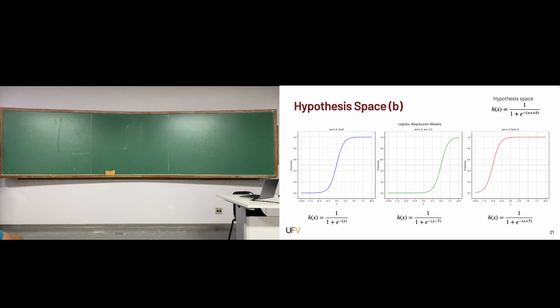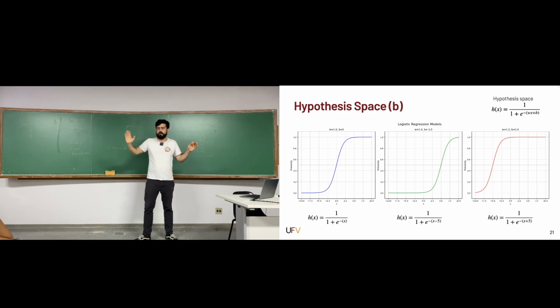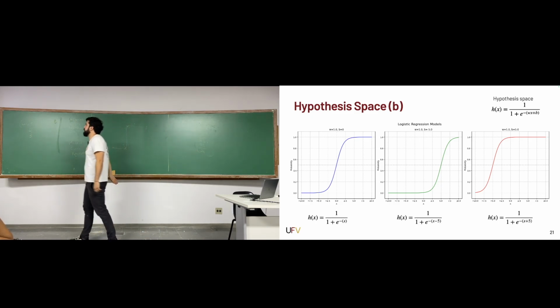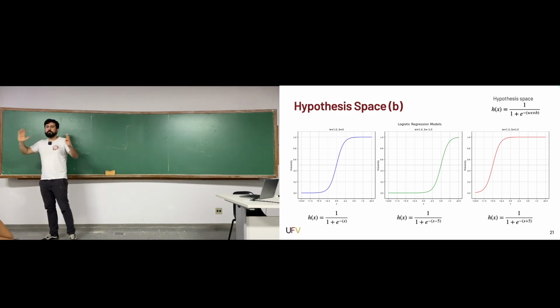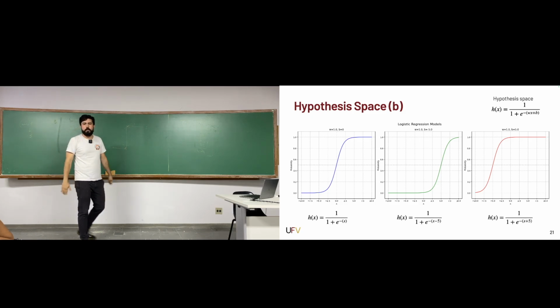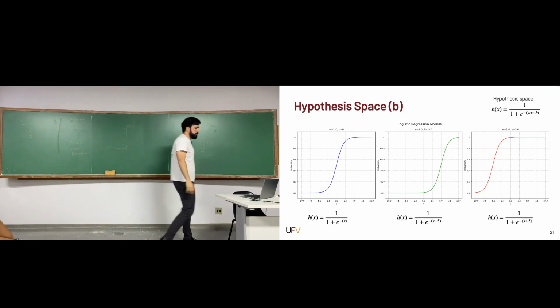But if b is minus 5, because you have this minus here, then your curve is going to be centered at 5. And if b is equal to 5, then you're going to get minus 5 here, and your curve would be centered around minus 5. So b shifts the function on the x-axis, and w squeezes the function if you increase w.